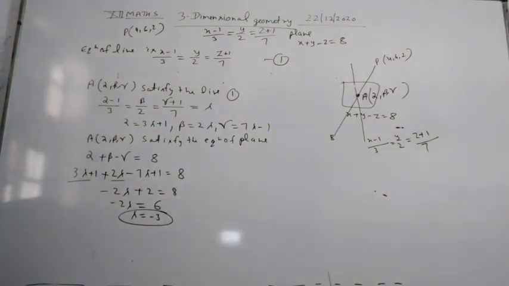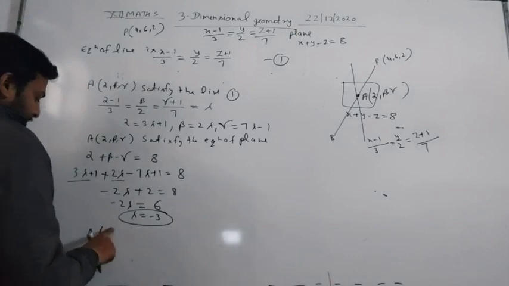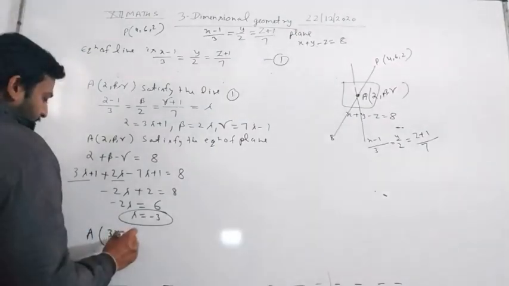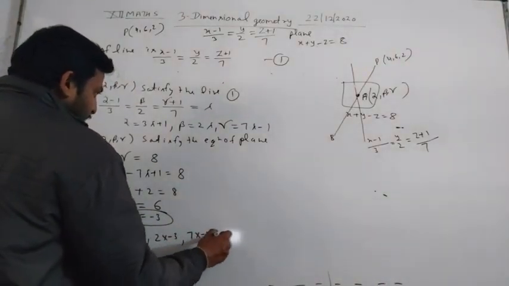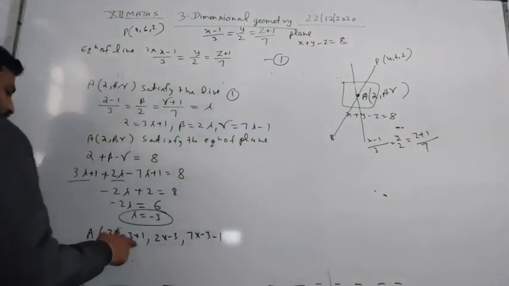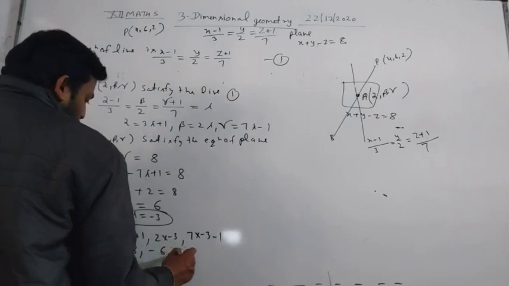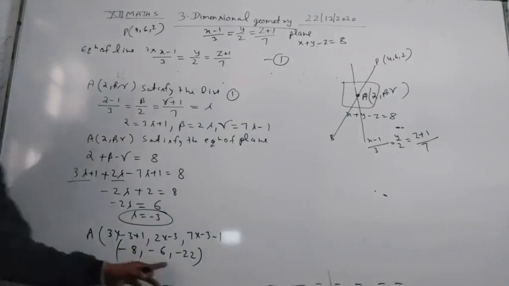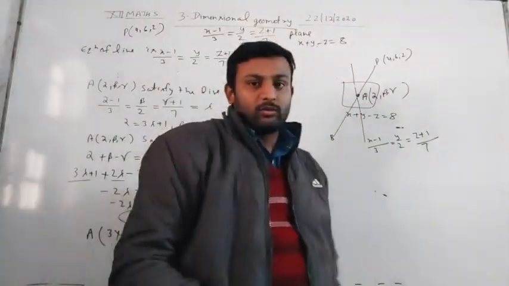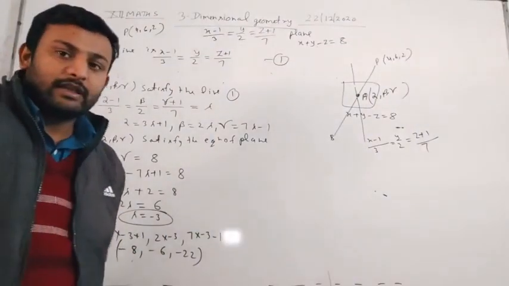So coordinate A: alpha is 3 into minus 3 plus 1, which is minus 8; beta is 2 into minus 3, which is minus 6; gamma is 7 into minus 3 minus 1, which is minus 22. The coordinates of point A are minus 8, minus 6, minus 22.